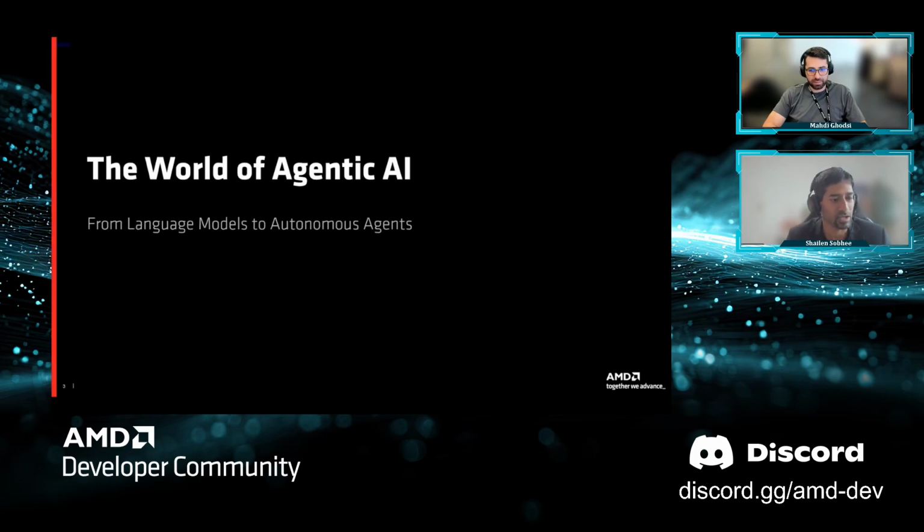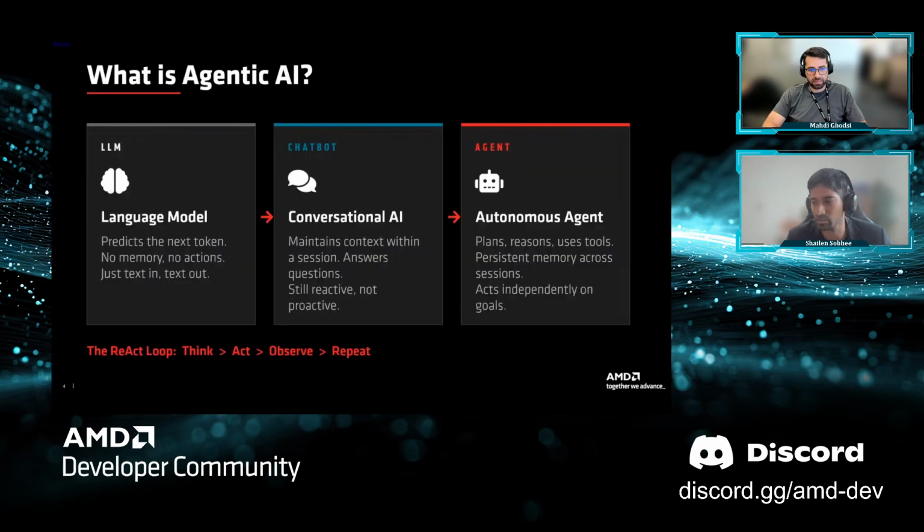So agentic AI. I think the best way to look at it is to go right from the basics. At the heart of every agentic AI pipeline slash workflow, you will have a large language model.